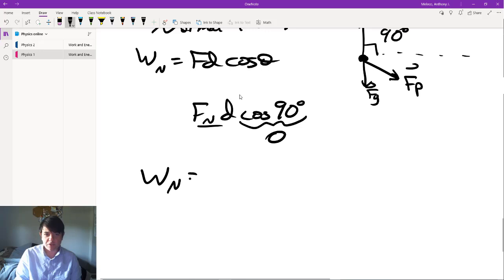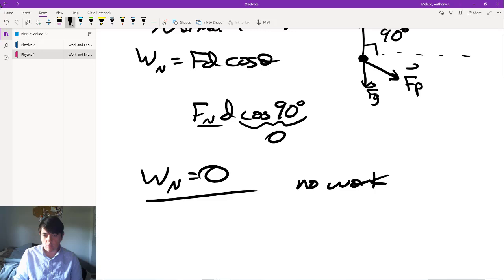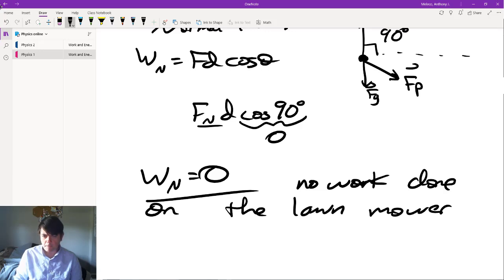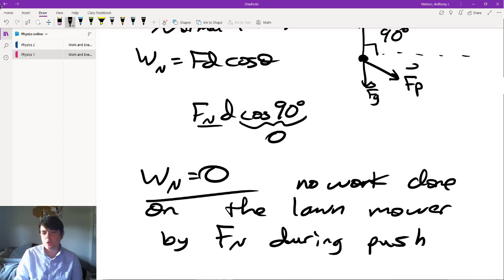So the normal force actually doesn't do any work here. No work done on the lawnmower by Fn during the push.